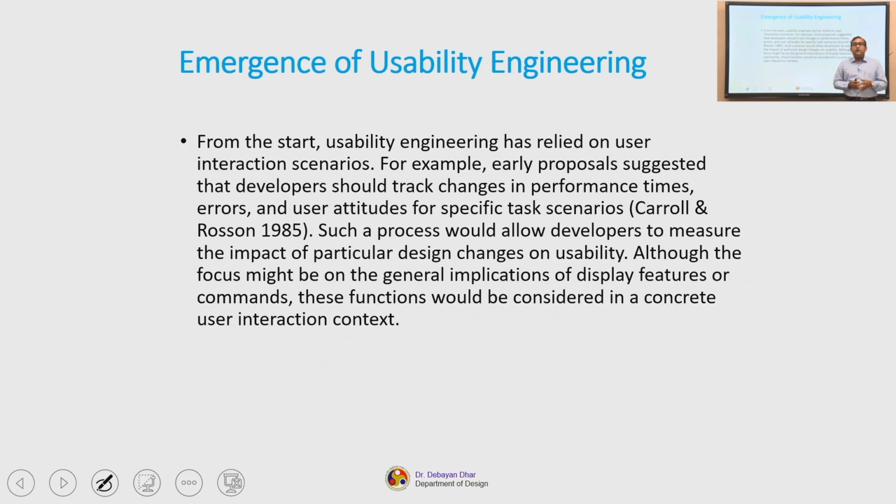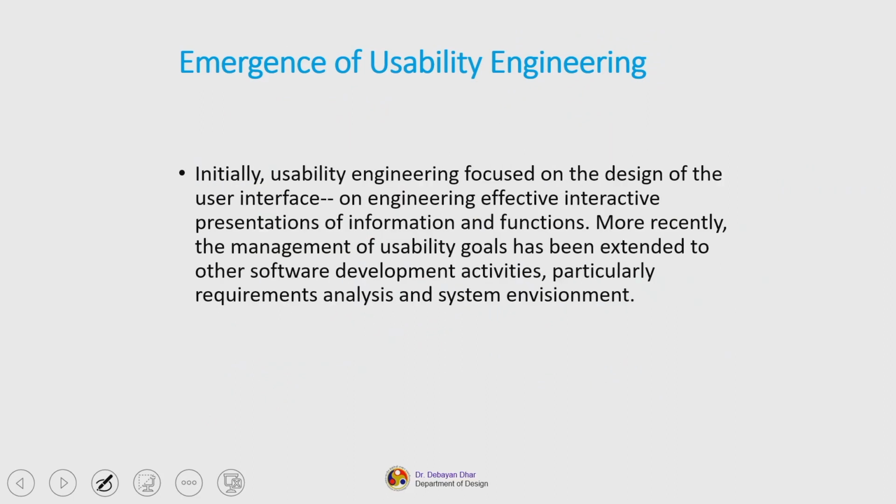Such a process would allow developers to measure the impact of particular design changes on usability. Although the focus might be on the general implications of display features or commands, these functions would be considered in a concrete user interaction context.